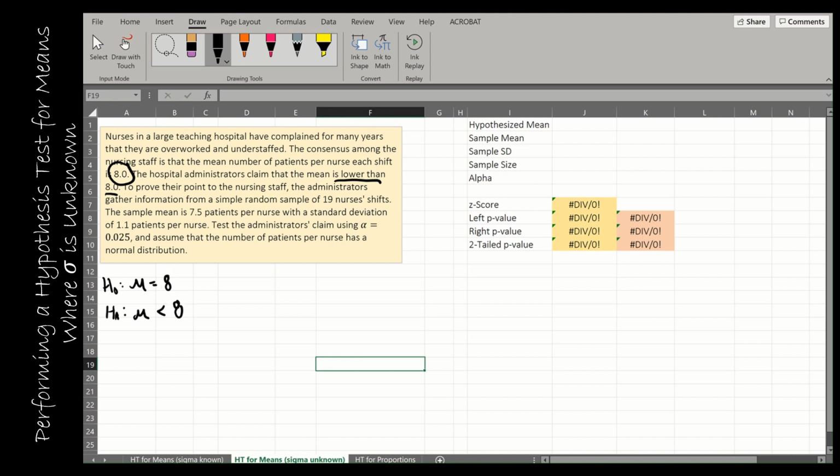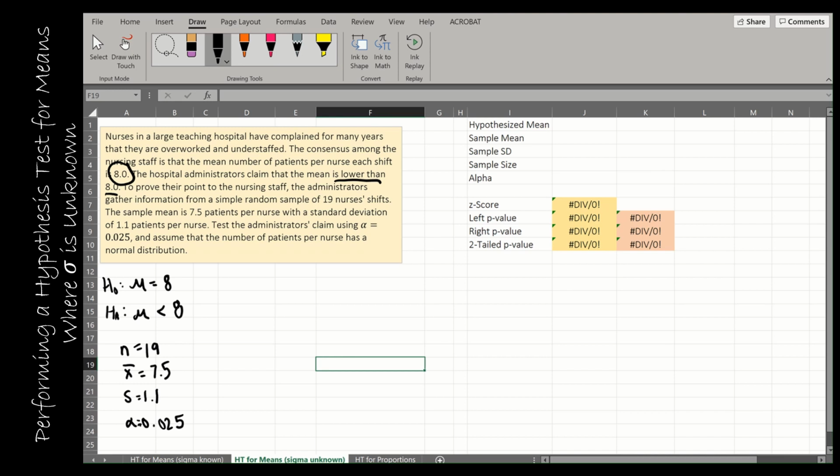To prove their point, the administrators gather information from a simple random sample of 19 nurse shifts, so that's n equals 19. That's the number of samples. The sample mean, x bar, is 7.5 patients per nurse with a standard deviation of 1.1, and the administrator's claim uses an alpha of 0.025.